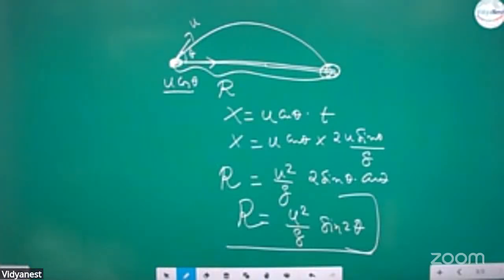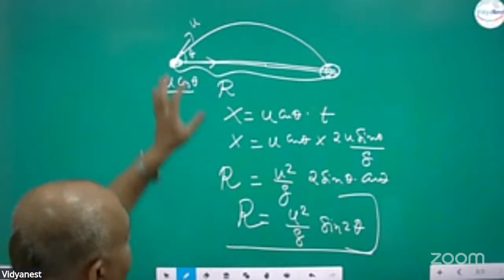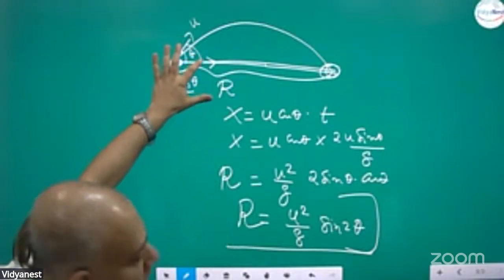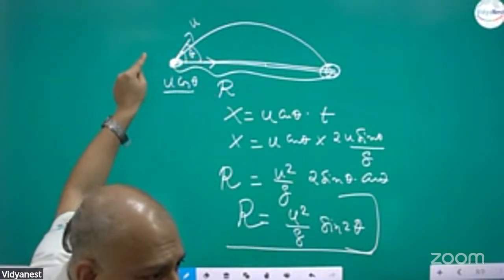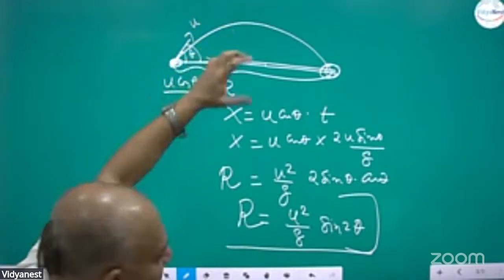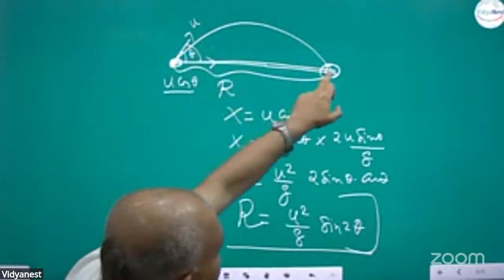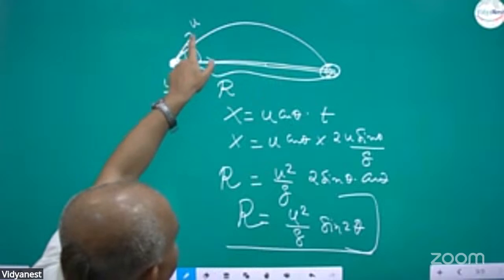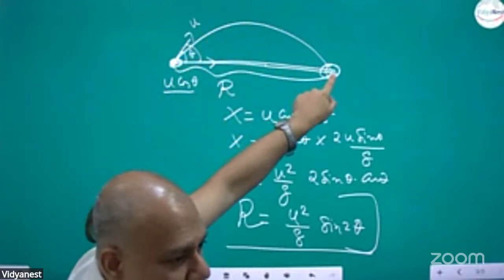Could you repeat the question? I'm asking what is the angle with which if I project this particle, I will get the maximum range, meaning the particle will reach the maximum distance.